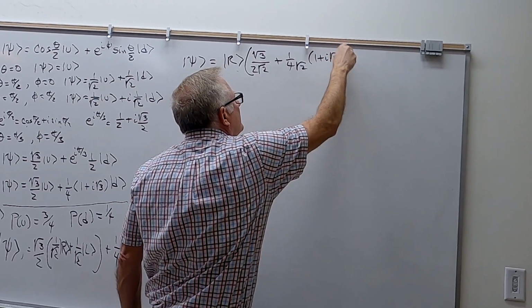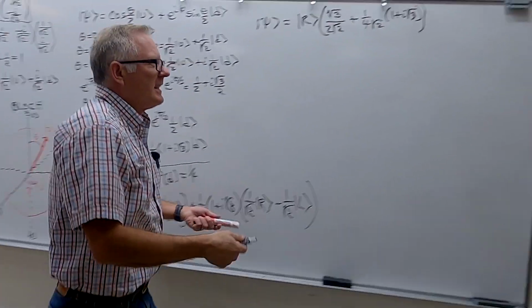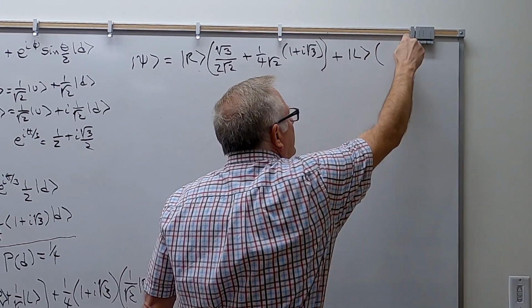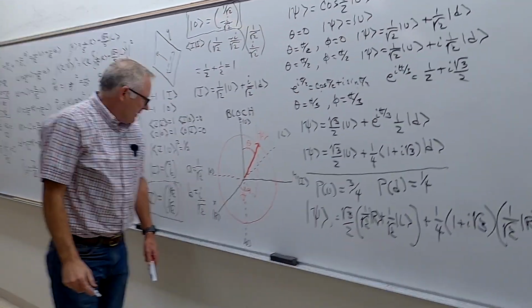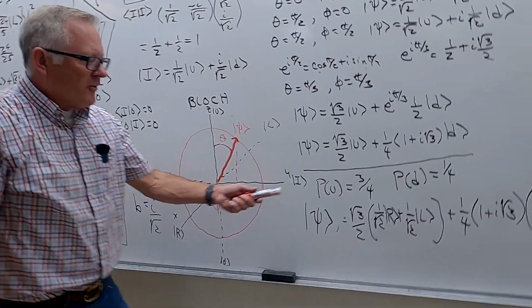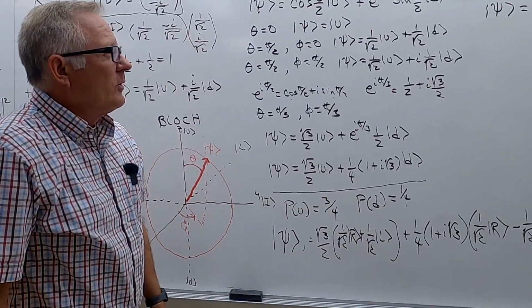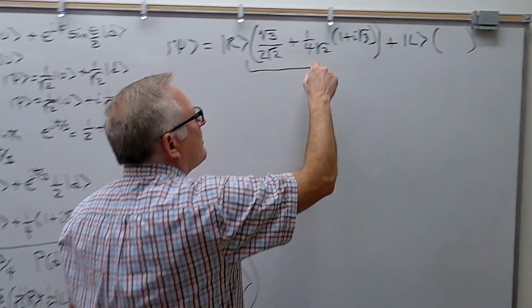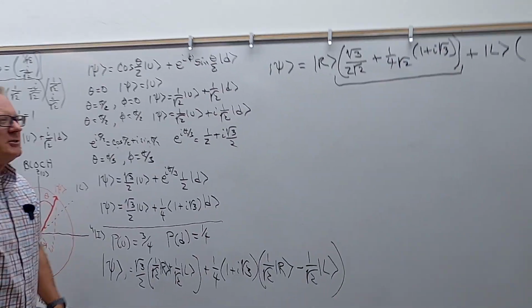Okay, that's how much right I have, and then I'm going to have so much on the left, plus the left times some stuff. I don't really need to know what that stuff is, because once I've got the probability of the first one, I know what the probability is of the second one. So really all I have to do is take this and multiply it by its complex conjugate. That would be the probability of measuring right.